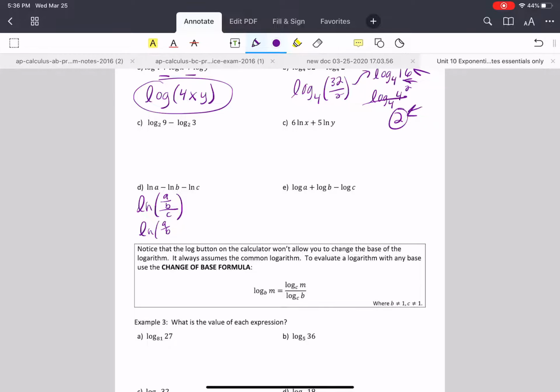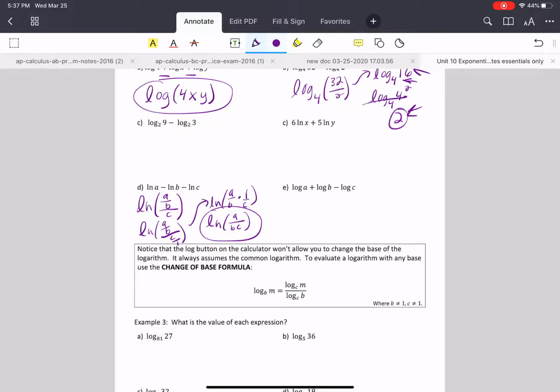That's how I simplify fractions. But for me to flip something, I need to see its denominator, so let's rewrite it like C over 1. Then I can take that ln of A over B and multiply it by 1 over C, because when I have a fraction divided by a fraction, I take the bottom fraction, flip it, and then multiply the 2 fractions together. So A over BC is how to simplify it.